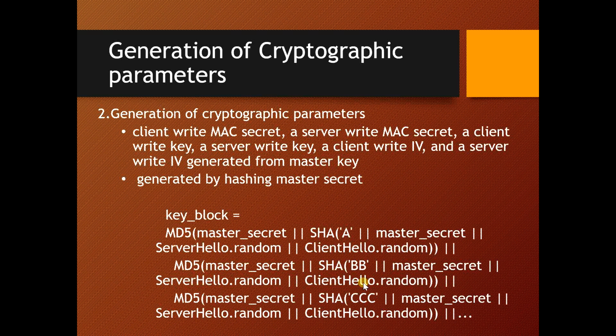Both the client and the server random numbers can be viewed as salt values to complicate the cryptanalysis, because we don't want the attacker to detect it. So in order to complicate this, we create those random numbers for both the client and the server. This is all regarding the cryptographic computations for SSL.